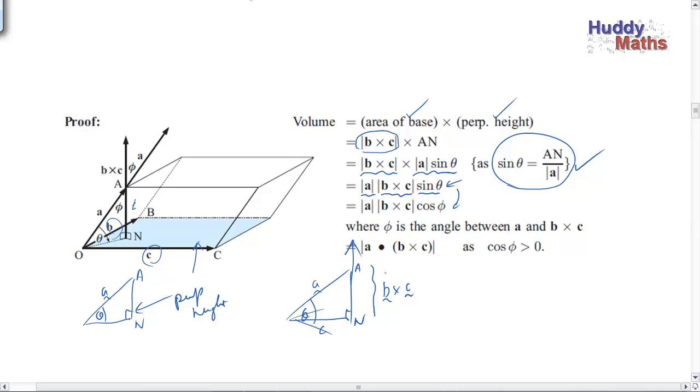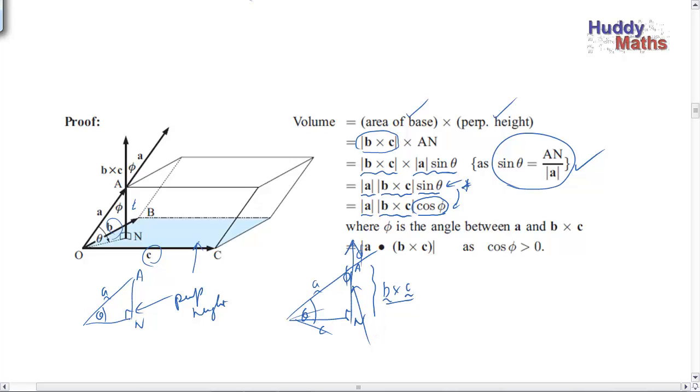So B cross C is going up there. So what can you say? What's the angle between A and B cross C? Well, it's this one in here, isn't it? Phi. So what have we got here? What's this really saying? Well, the length of A by the length of B cross C, sine of theta is the same as the cos of phi. Look at it here. That is the angle between the vectors, same as that one there.